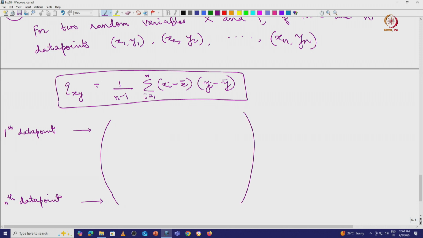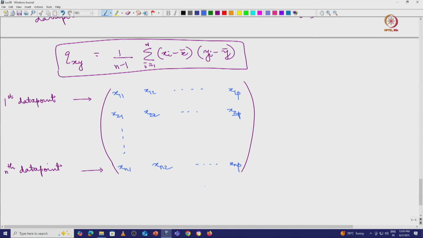And in the columns, we will take the variables that are considered. So you can have x11, x12 up to x1p, x21, x22 up to x2p, and coming down all the way to xn1, xn2 up to xnp.